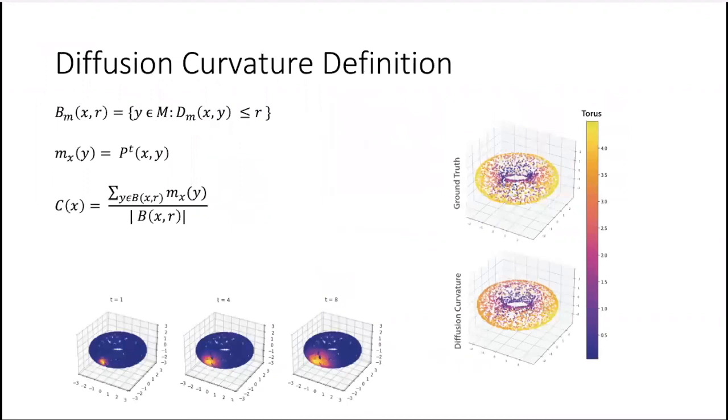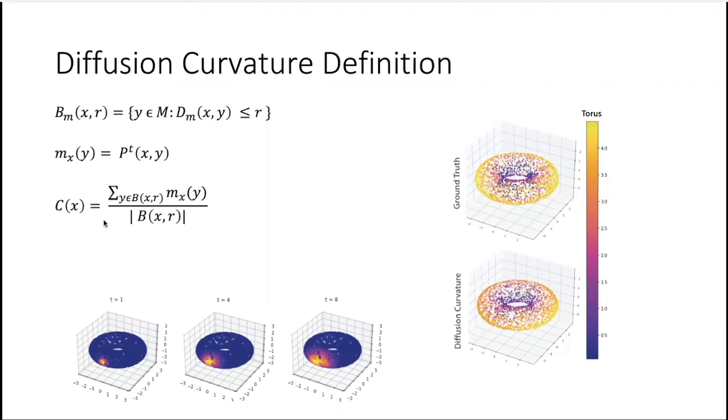Because the diffusion operator is closely related to the Laplace-Beltrami operator, we are able to use diffusion, and we've proposed a diffusion-based curvature method that looks at the laziness of a random walk, assuming an anisotropic kernel that is tuned for geometry. We have a preprint on this if you're interested.